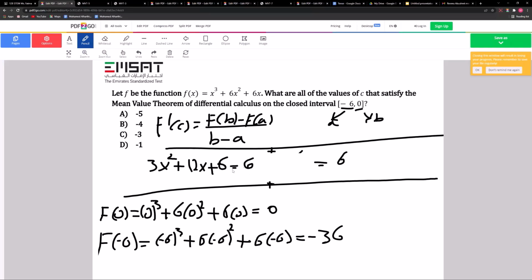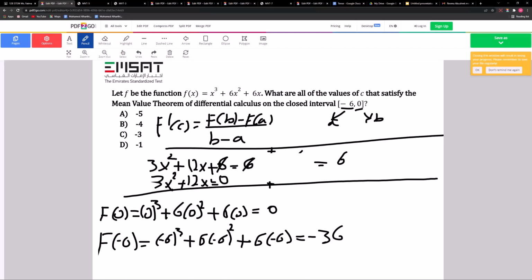Then here we can see the same term, and we just cancel it and put it as equal to 0, so 3x squared plus 12x equals 0. Then we use our calculator.